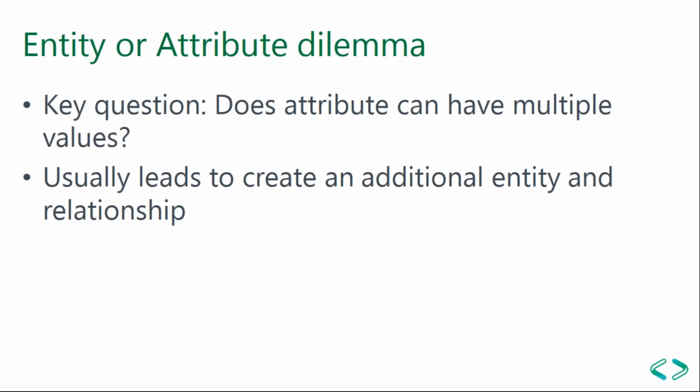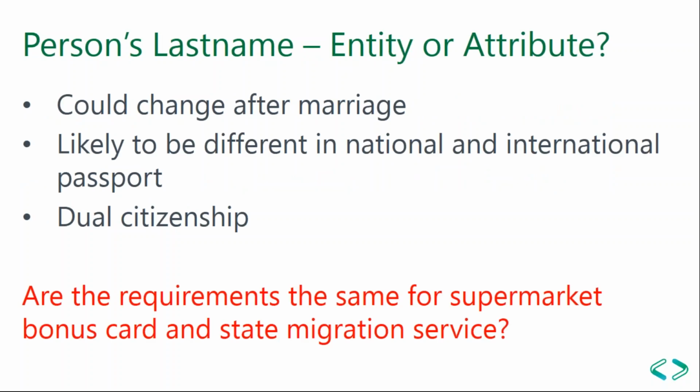It's an attribute. But if we have multiple values, we need to think about what it will be. It can be an entity, it can be an attribute with history, or it can be just an attribute without history.